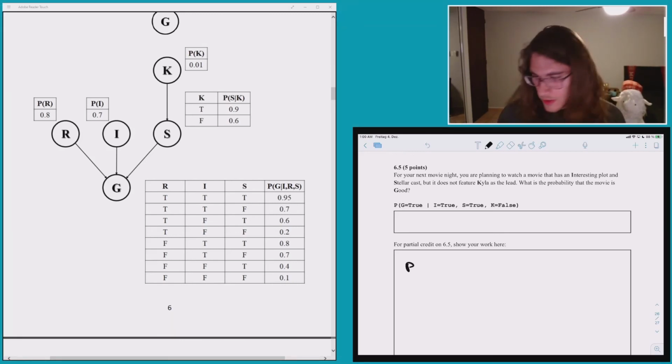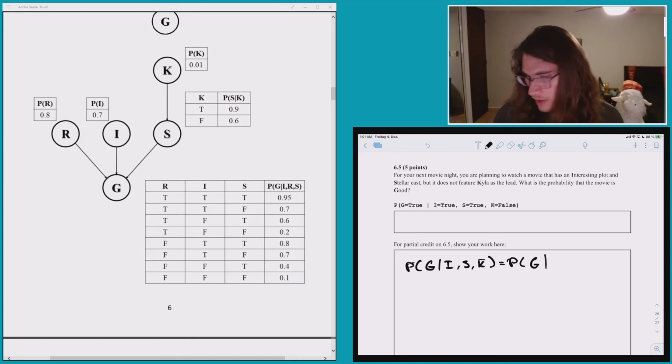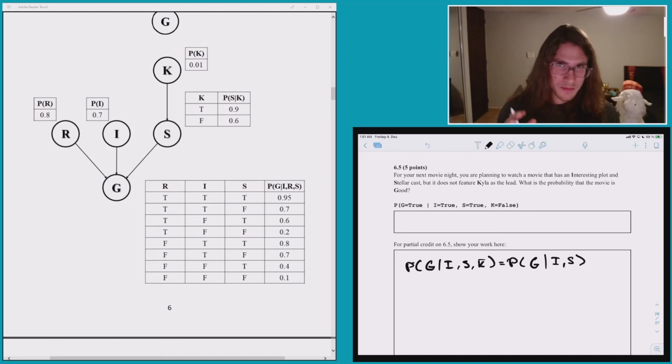I'm going to say that P of G given I, S, and K is equal to P of G given I and S. Reminder, try this exercise with d-separation so that you confirm with your own eyes, pen and paper, that K is really conditionally independent of G when given S in particular.